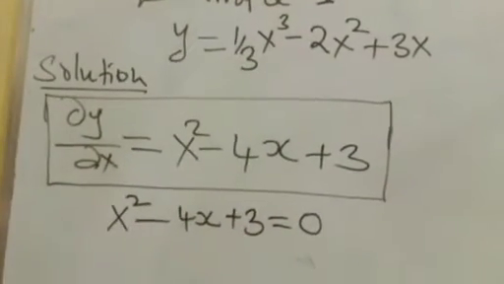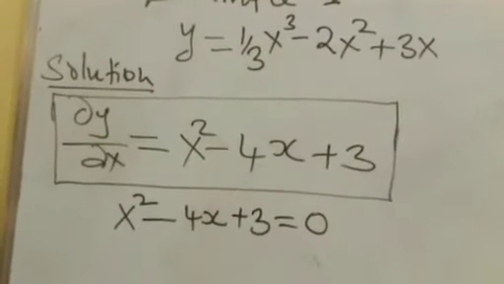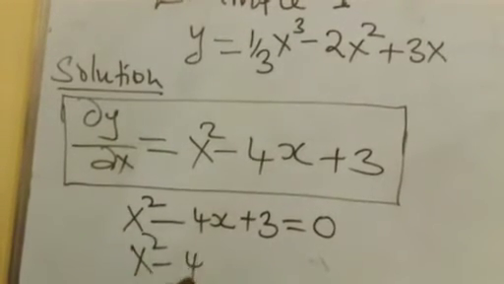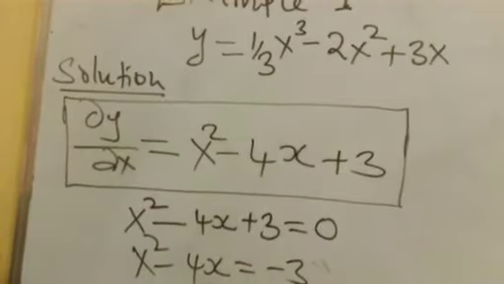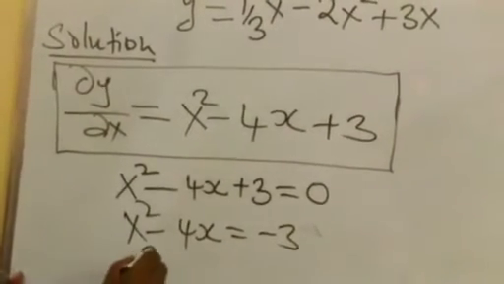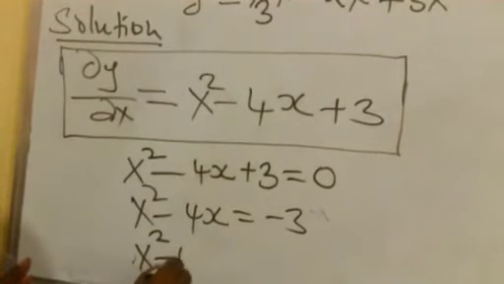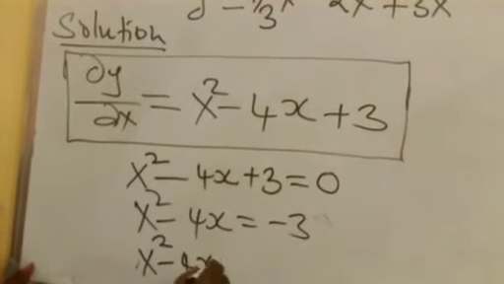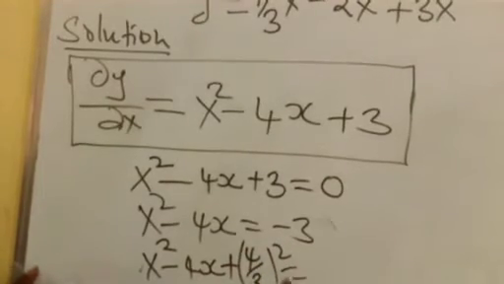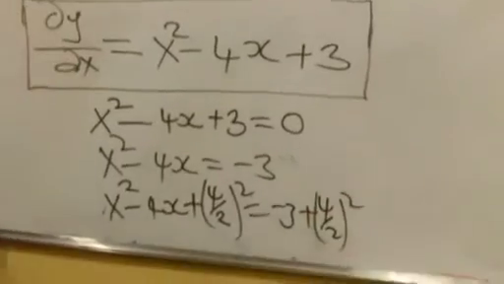So this is a quadratic equation we have to solve, and we are going to solve it by use of the completing square method. So this one is x squared minus 4x equals negative 3. Then we are going to have x squared minus 4x plus (4 over 2) squared equals negative 3 plus (4 over 2) squared.